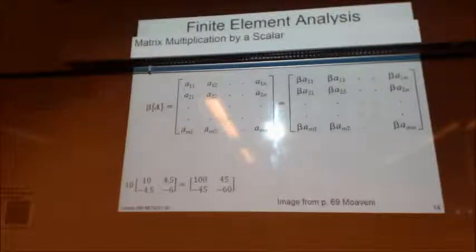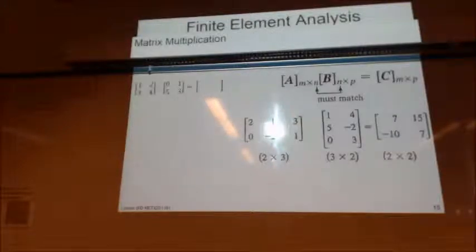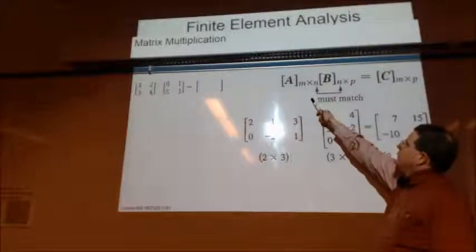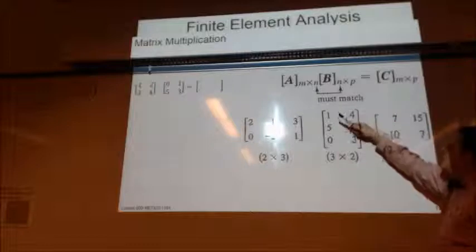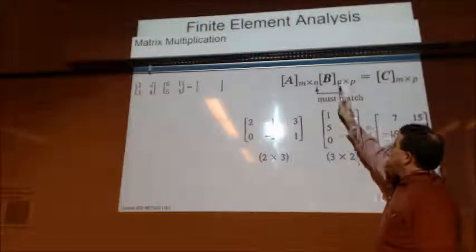Okay, now when it gets to multiplication, it's a little bit trickier. The important thing is that when you're looking at your m by n and your n by p, these two have to match.